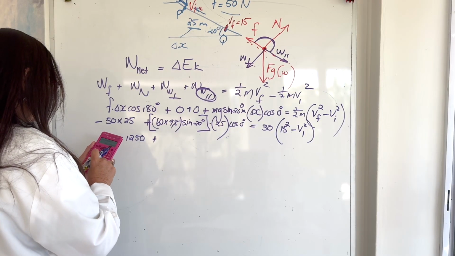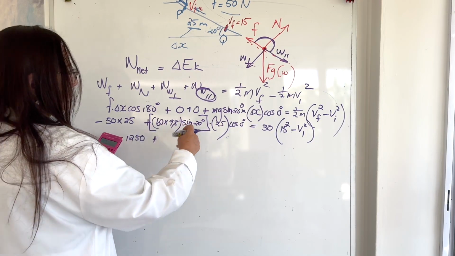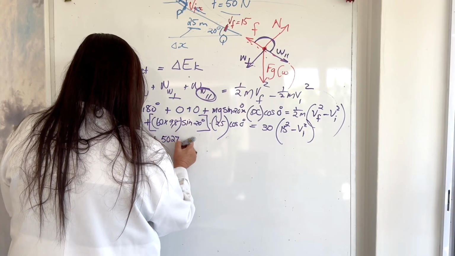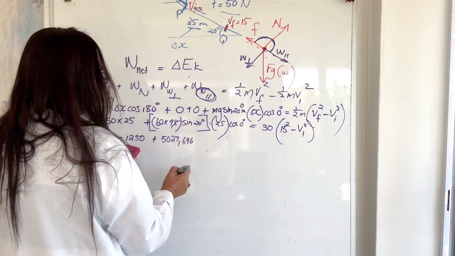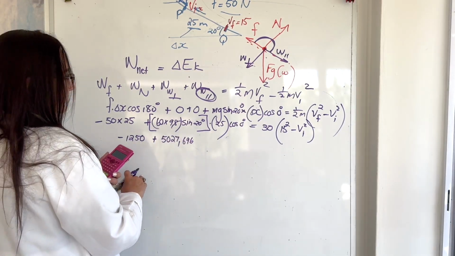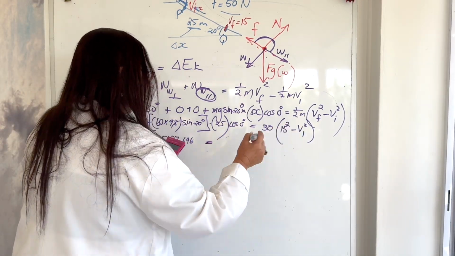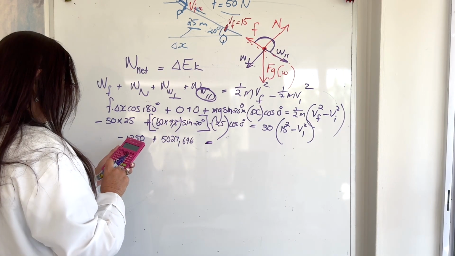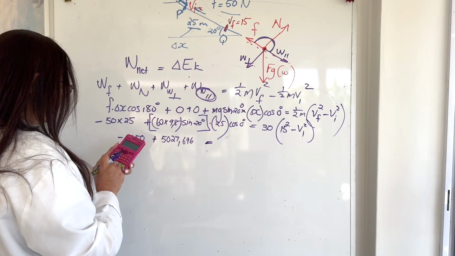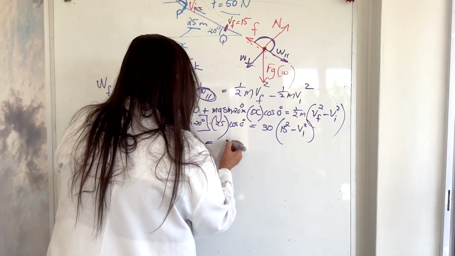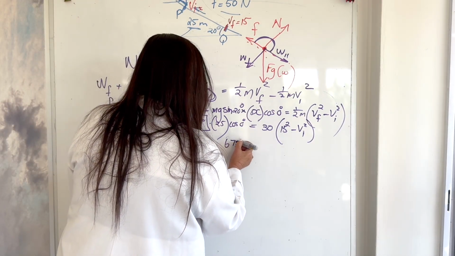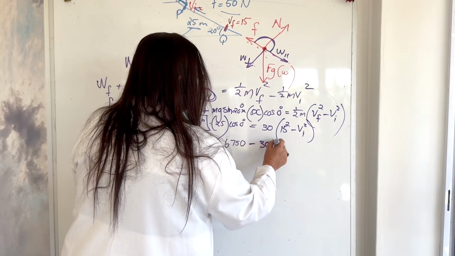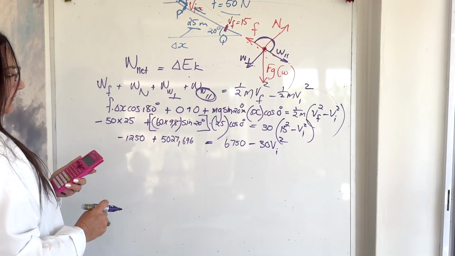Okay, and that is still times 25 times 1, that gives me 5027,696. I'm just going to leave it as 3 decimals there, equals, and there we've got the 15 square times 30 gives me 6750 minus 30 the initial square.